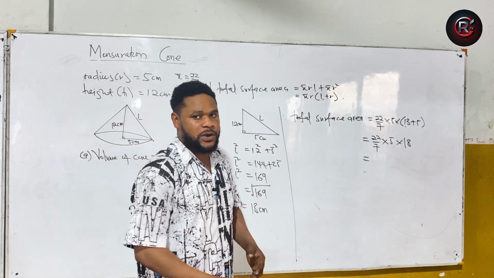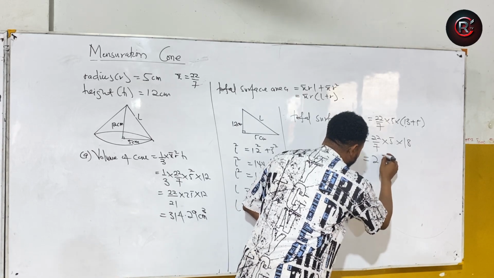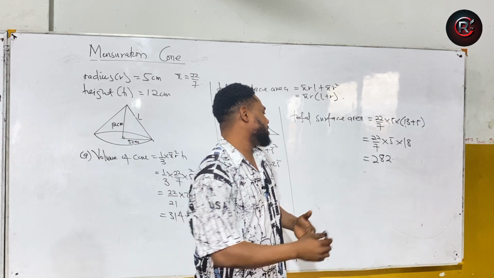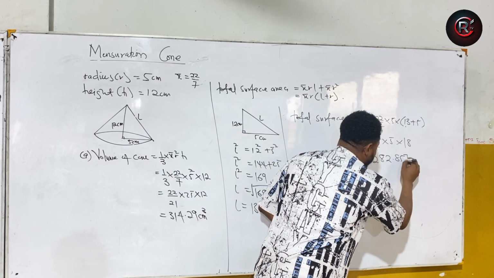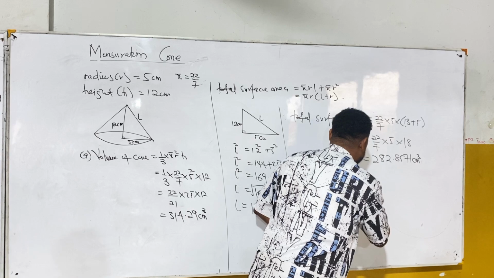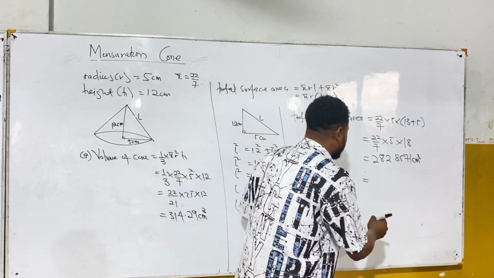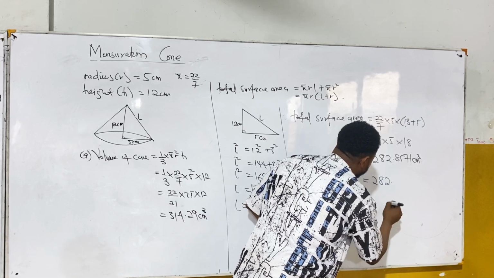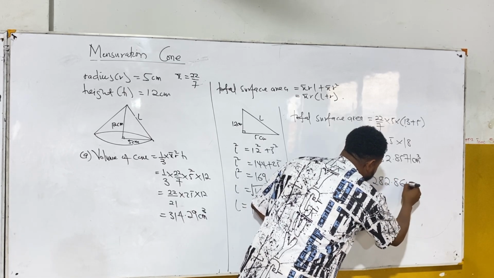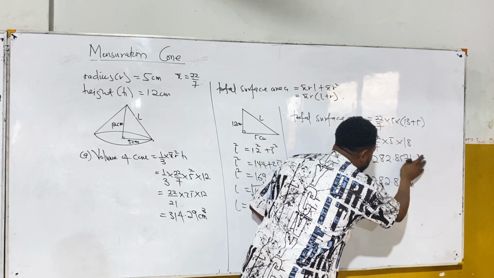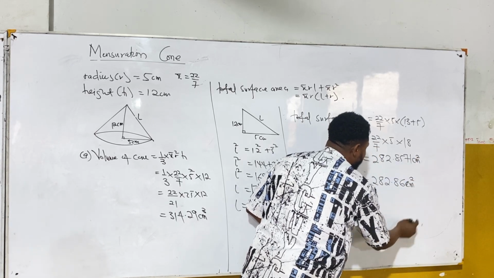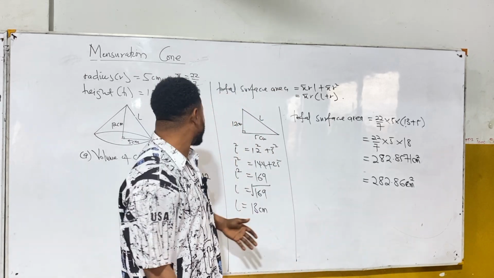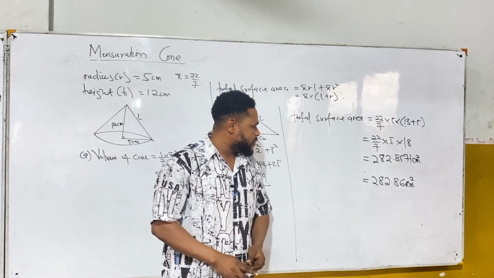And when we do this, we are going to have approximately 282.8571. But we are leaving our answers in 2 decimal places. So we can say our final answer for the total surface area is 282.86 centimeter squared. Sorry, please, this is squared, centimeter squared, because we are calculating for area. So this is how we can solve for the volume and the total surface area.